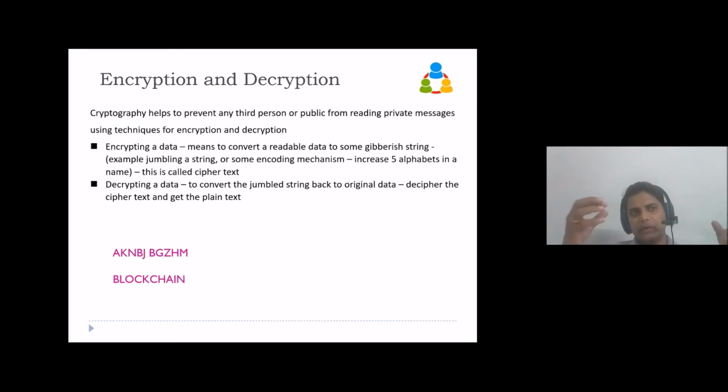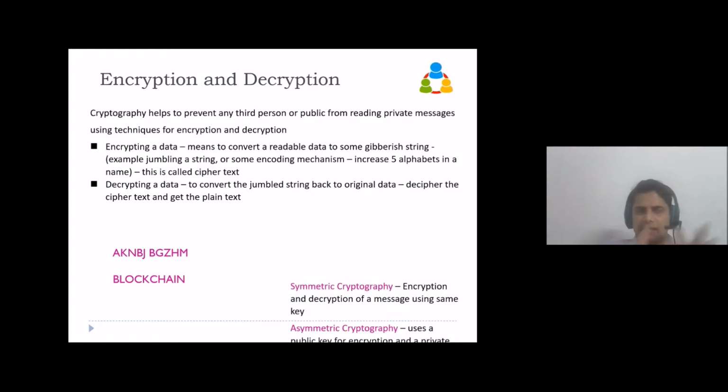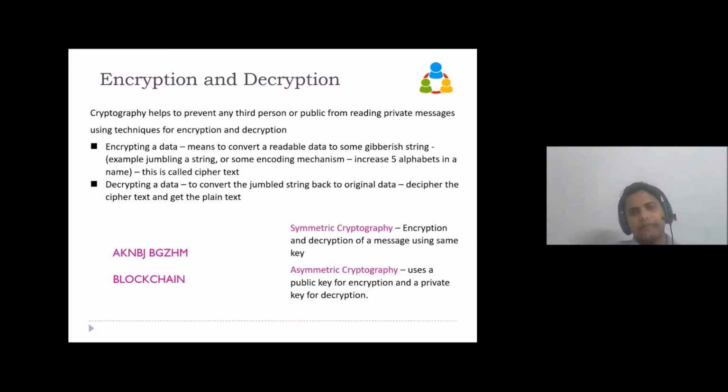Nobody will be able to decrypt the data which is transmitted across the internet. Only your device and the sender's device will be able to decrypt the original message which was sent. Okay. And there are types of cryptography which help you to encrypt: symmetric cryptography and asymmetric cryptography.